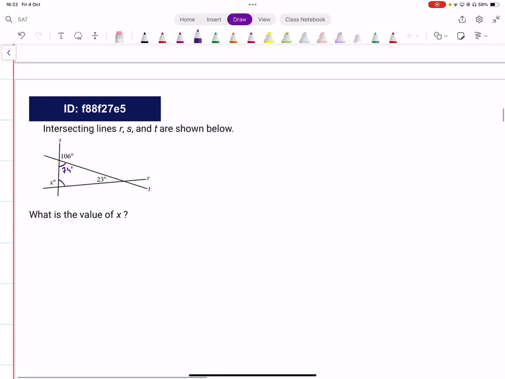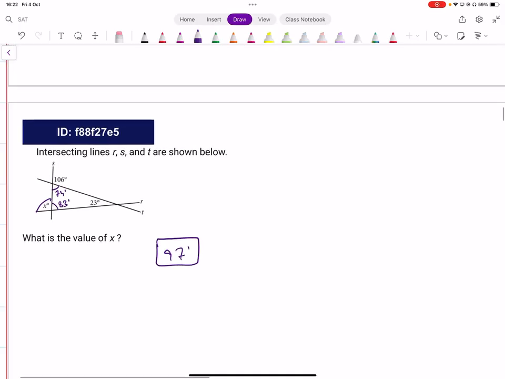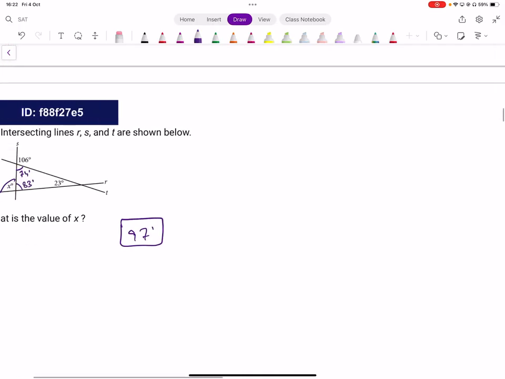What's this angle then? 180 minus 74 minus 23? 83. And then this would be 180 minus 83. That's 97. And that's our answer. Right? It wasn't that difficult? Okay, so that was question 3.